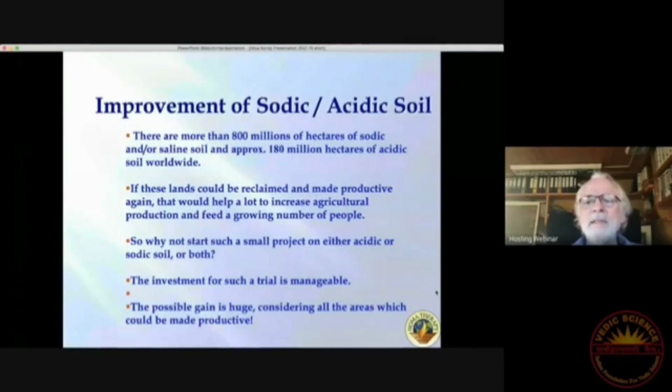And these are important findings, because we have more than 800 million hectares of sodic and or saline soil, and approximately 180 million hectares of acidic soil worldwide.